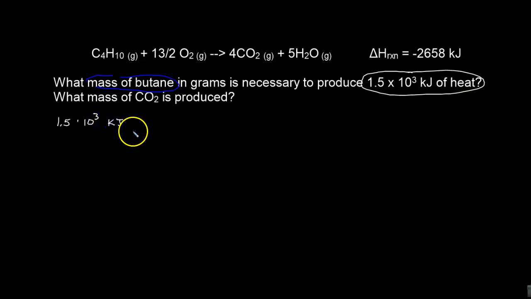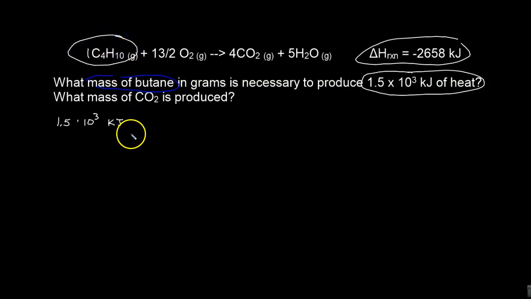So that's what I am starting with. Now remember, this heat of reaction number is the value for 1 mole of the butane, 13 halves of oxygen, 4 of carbon dioxide, and 5 of the water. And so we're only looking at finding the mass of the butane. So really all I need there is the butane part of it.